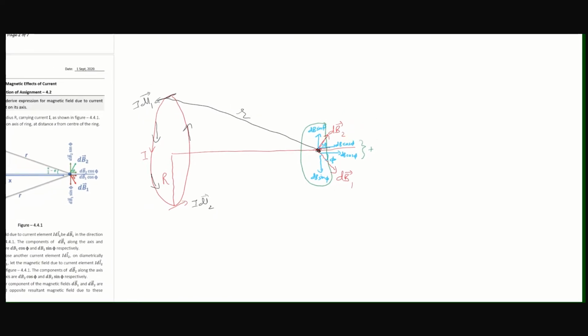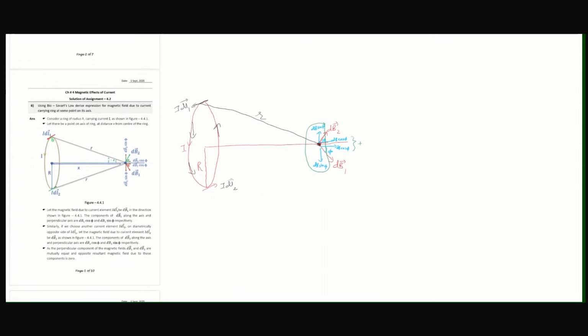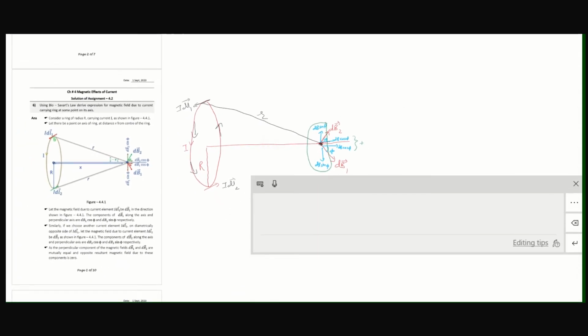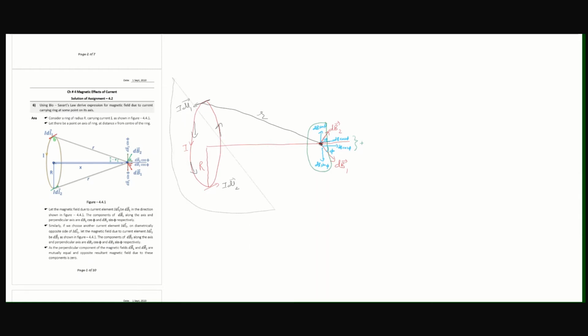And what is the advantage? What is the advantage of that? So the advantage is, let me keep it aside.